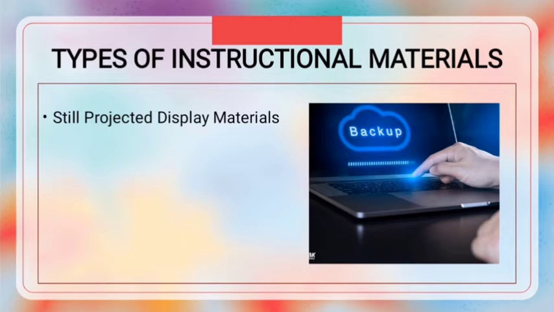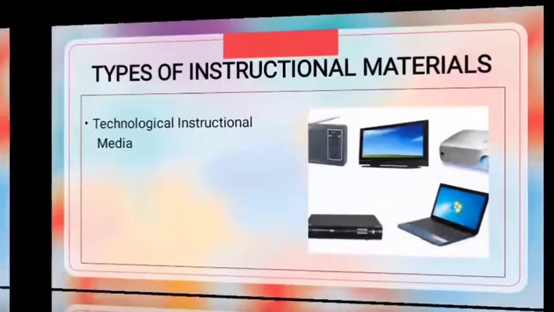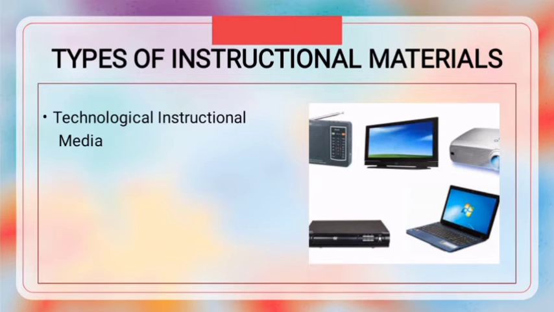Audiovisual materials are motion pictures, film clips, film strips, slide sequences, transparencies, records, and tape recordings. Next is technological instructional media, and those are the types of instructional materials.